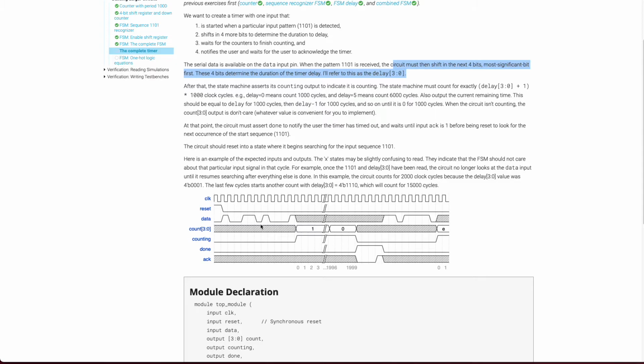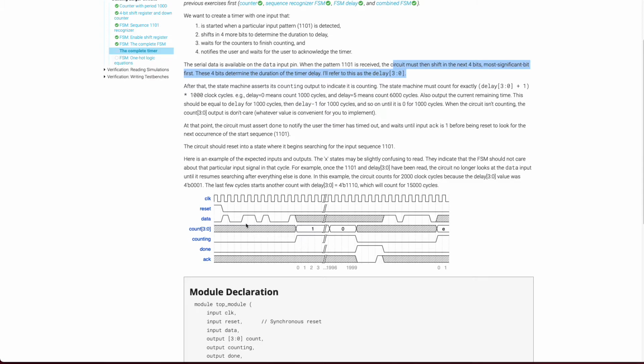Here it's 1101, and then we have 0001. So 2,000 cycles. Okay, when the circuit isn't counting, the output is don't care. Okay, so counting is a qualifier.